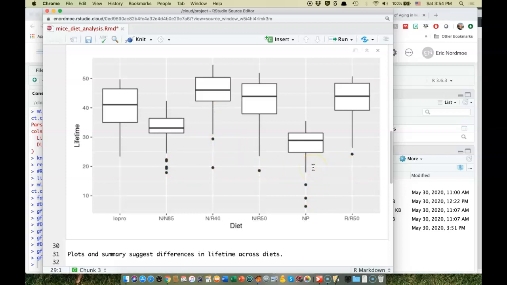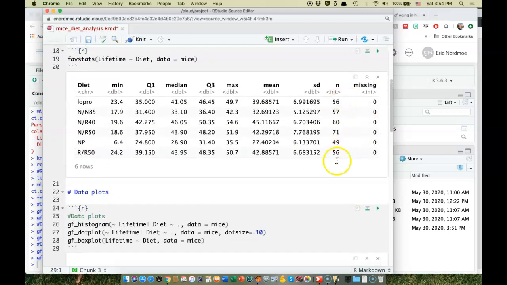Perhaps those are some values with fairly small lifetimes. But notice the sample sizes: for all groups, the lowest sample size was 41, up to a maximum of 71. So we've got a pretty good overall sample size.